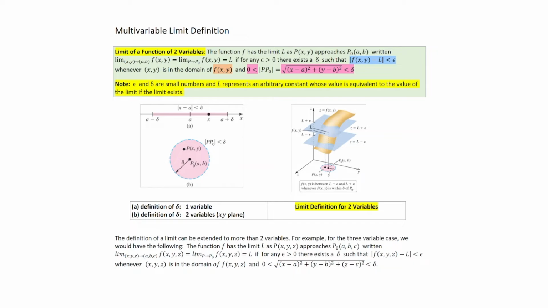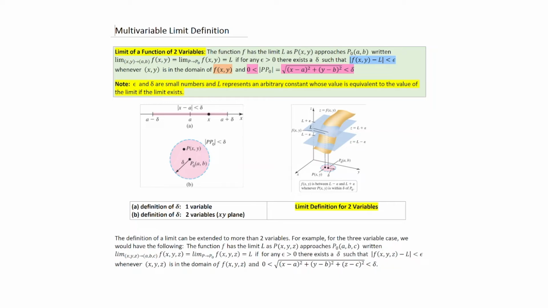If for any epsilon greater than 0, there exists a delta such that the absolute value of the difference between the function and the limit is less than epsilon, whenever (x,y) is in the domain of the function f(x,y), and 0 is less than the magnitude of P to P0, which is the square root of (x minus a) squared plus (y minus b) squared, less than delta.